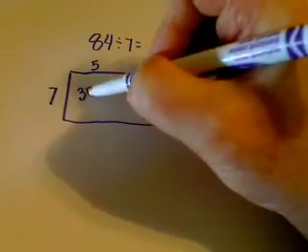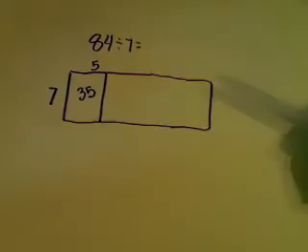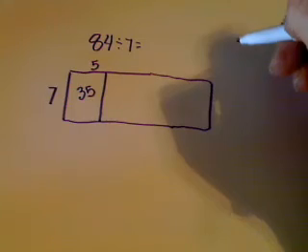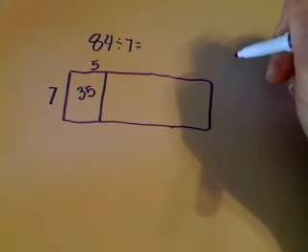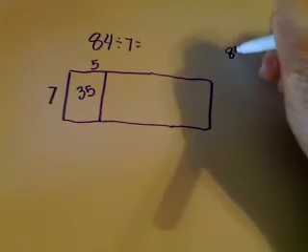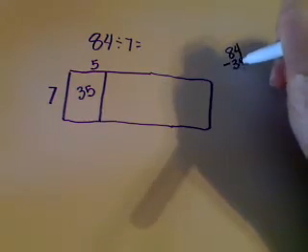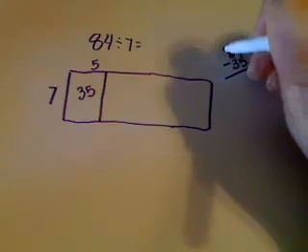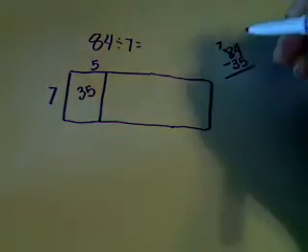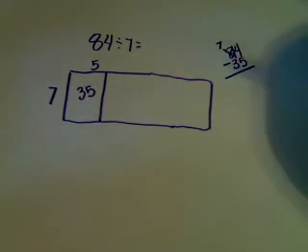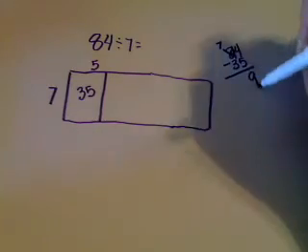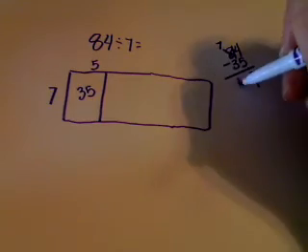That would be 35. Okay. And then I'd have to think, well, if I took 35 out of 84, 84 minus 35, let's see what I have left. Do a little subtraction. 14, 9, 7, 49.